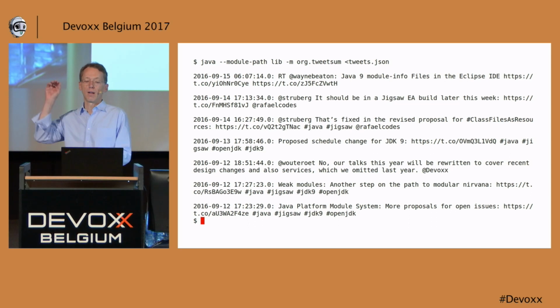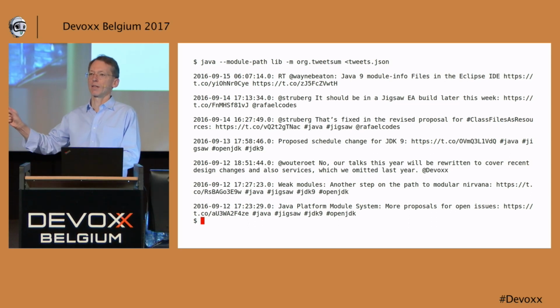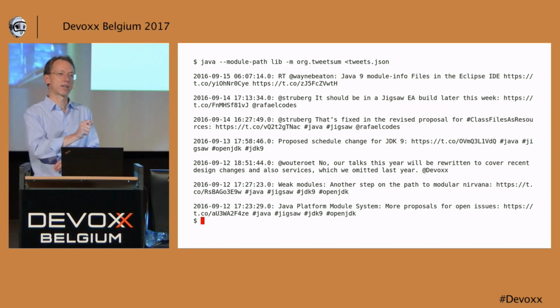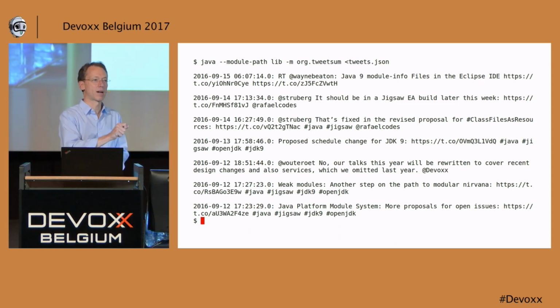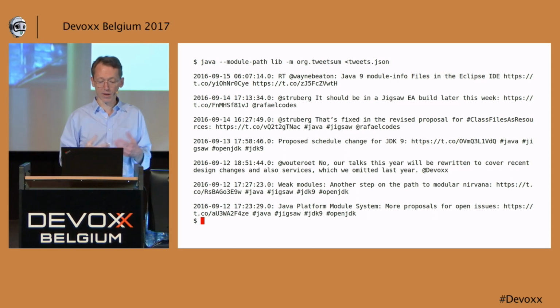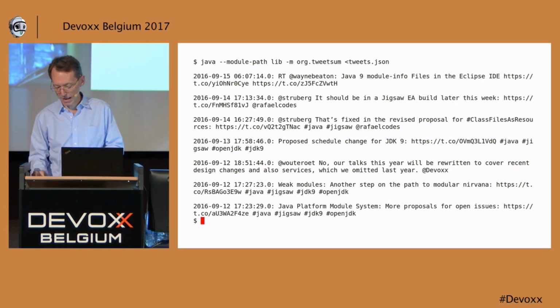Okay, so here we have a modular application, an application in a single module. It's using the Jackson jar files as automatic modules, and the system is working as intended. There's nothing left on the class path right now. Okay, we can take it.